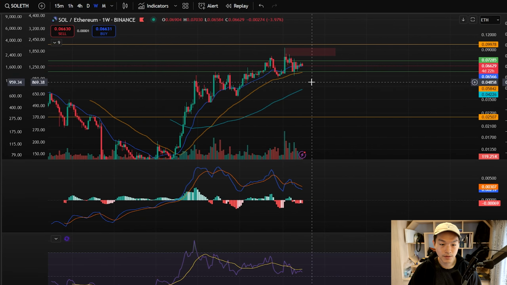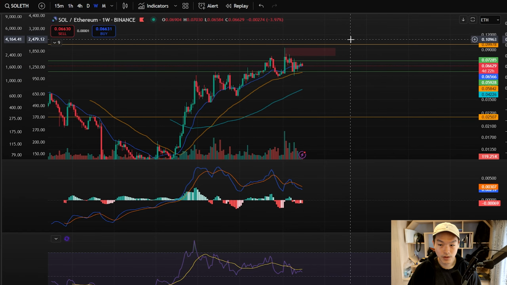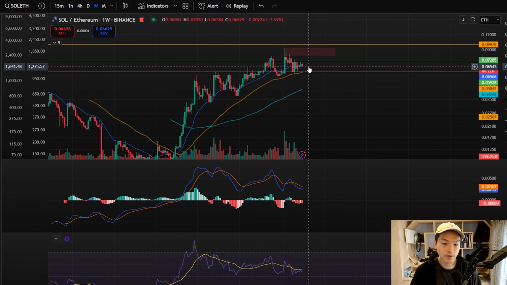Not counting the fees. You can see here the orange lines are my top and bottom range. You can see my top range is tighter than the bottom range. The main reason why is because SOL has been outperforming ETH, right? But this also means that SOL is more expensive compared to ETH.